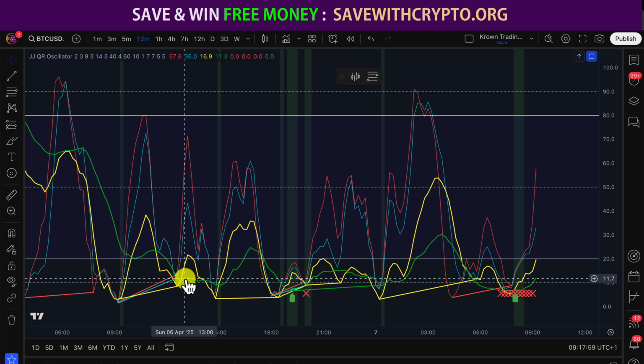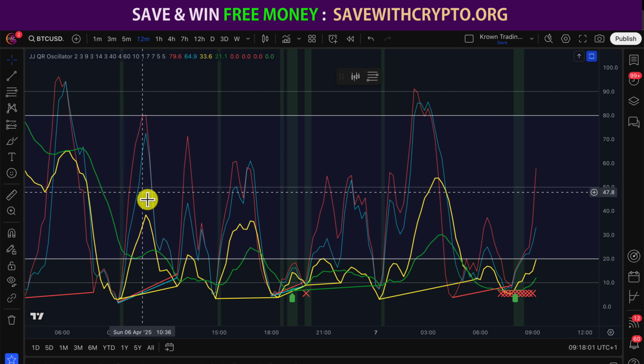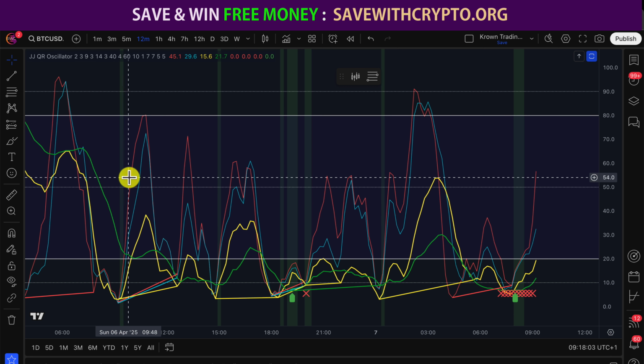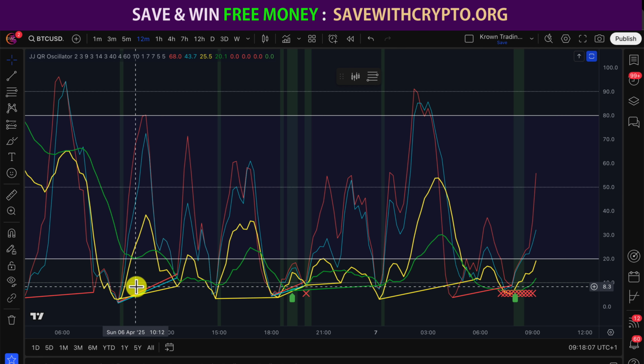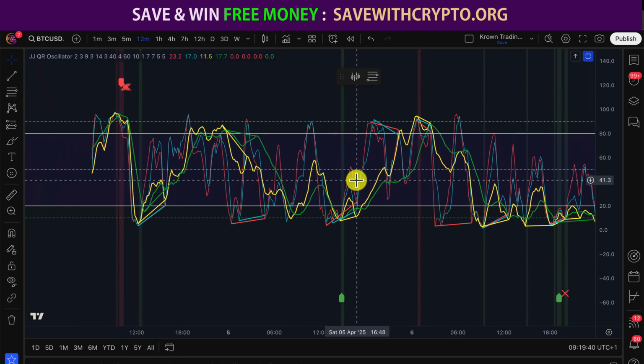The way these stochastics go, the red one is the fastest moving one, then the cyan, then the yellow, then the green. So if you see a divergence on the green, that's going to be more important than, say, the red one. I've not been paying that much attention to these divergence lines so far, but I think I will probably work them into the strategy.